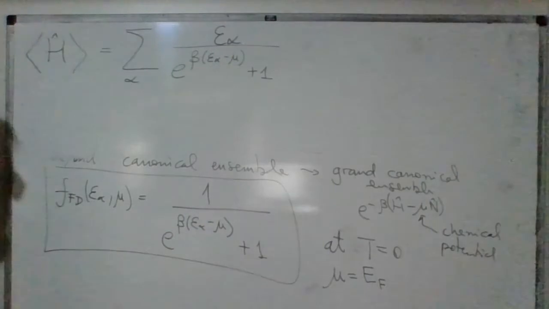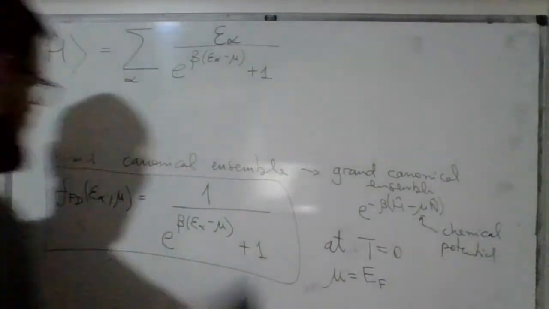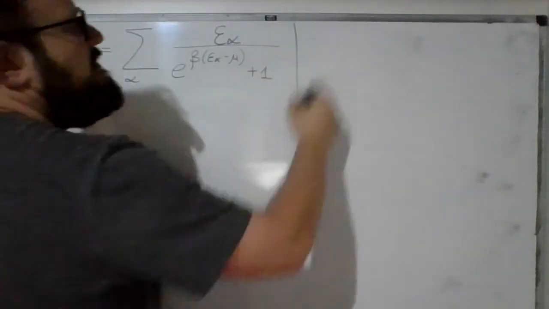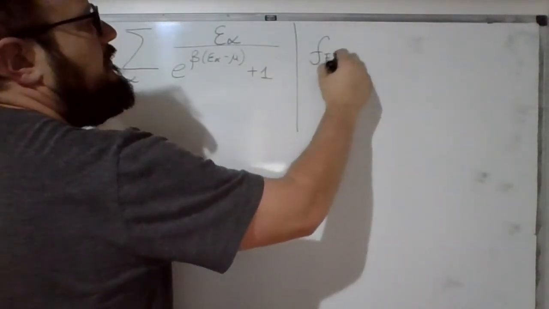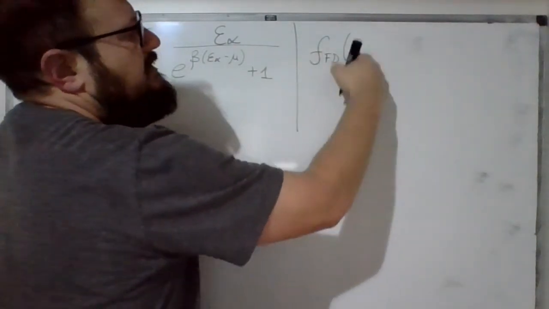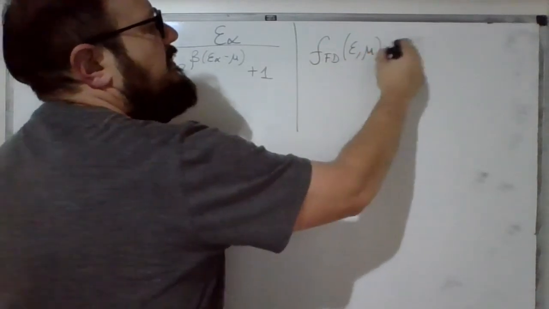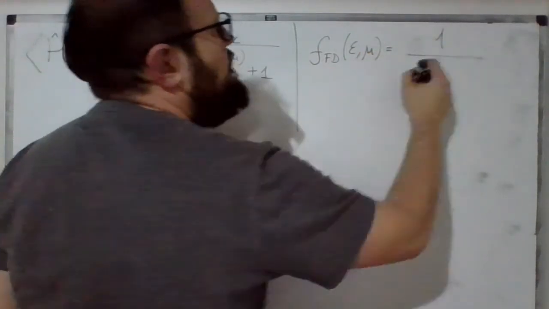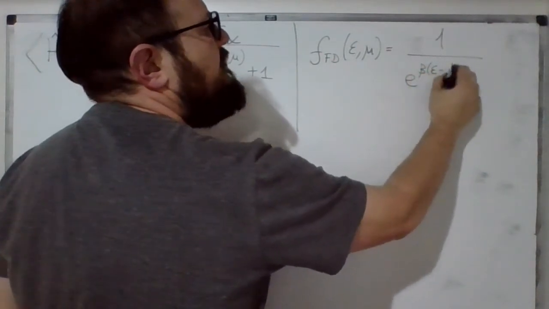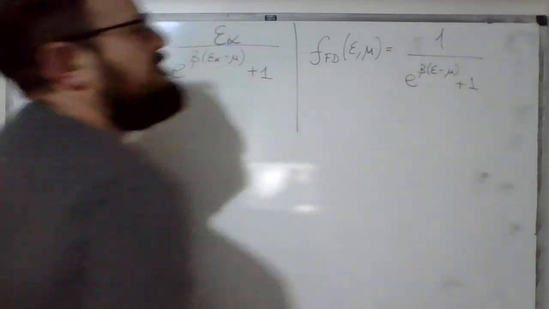And this function here, let me rewrite the Fermi-Dirac function, which is the probability of occupation at a given energy E, is equal to 1 divided by e to the beta energy minus mu plus 1.